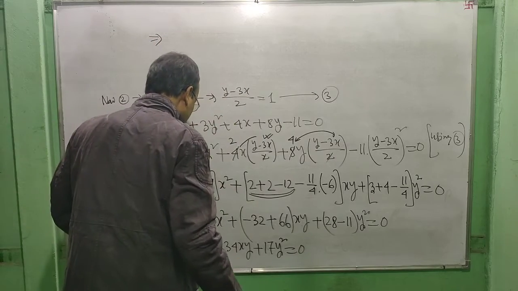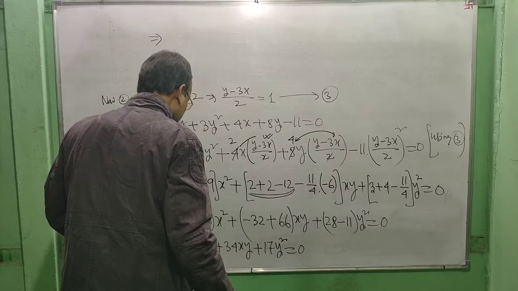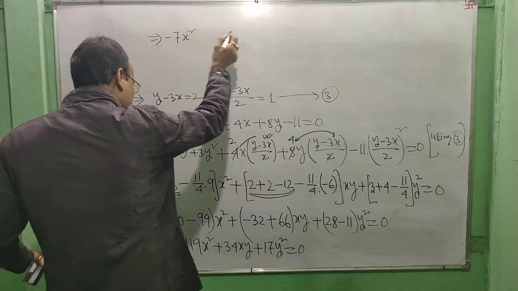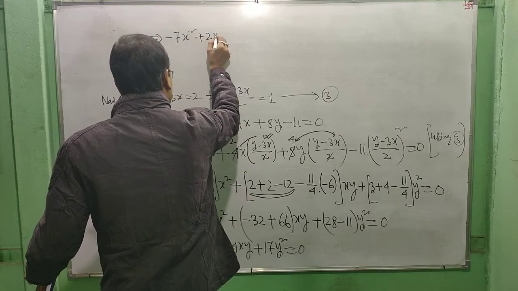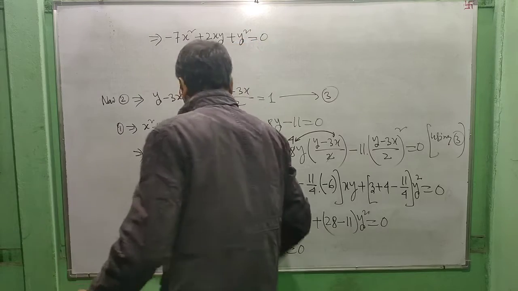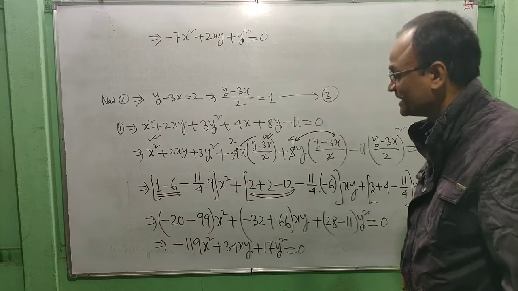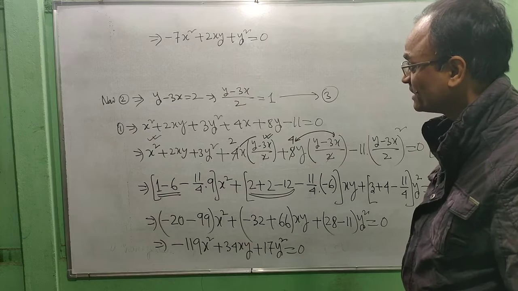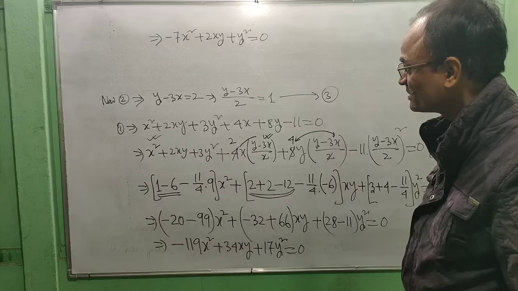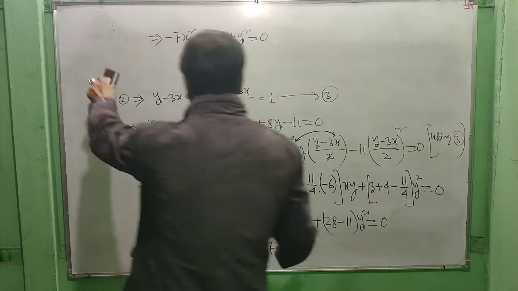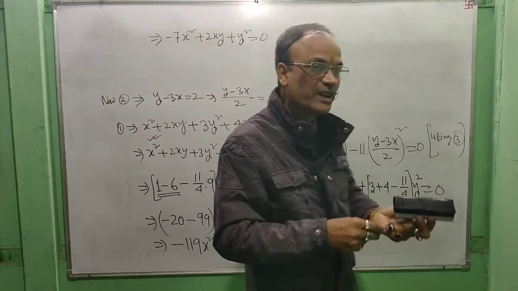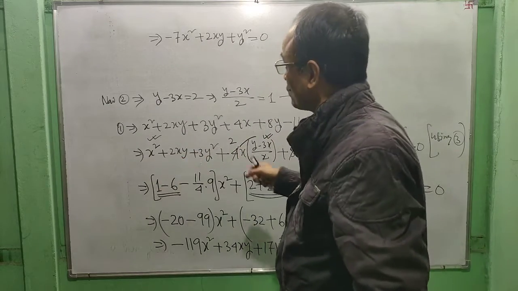If you divide it by 17, minus 7x square plus twice xy plus y square, this is equal to 0. You will get this. This is a homogeneous equation of second degree. It will represent two straight lines passing through the origin.